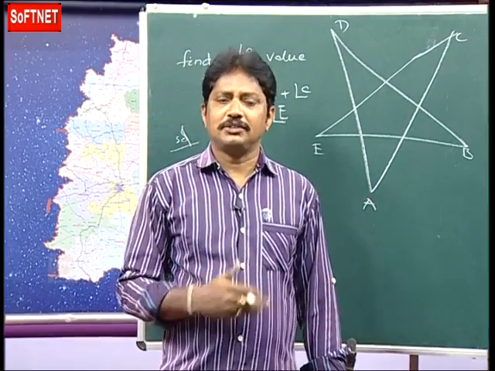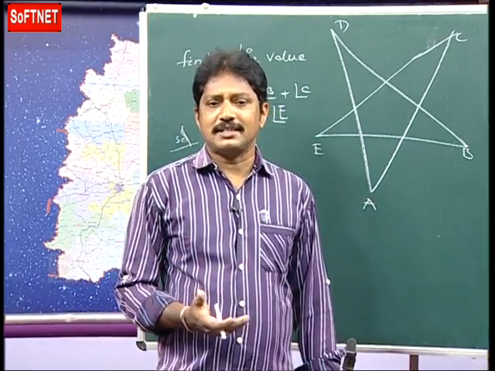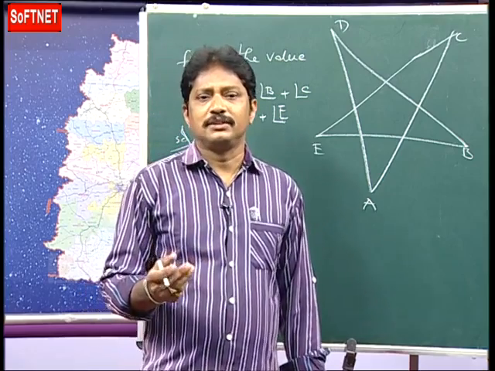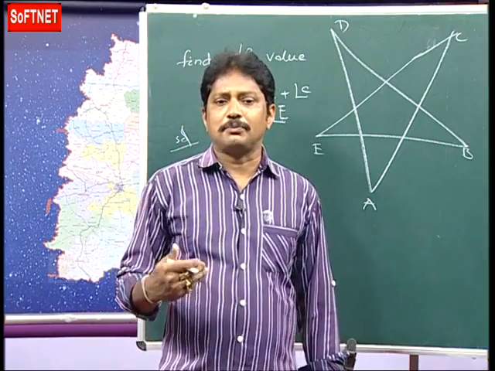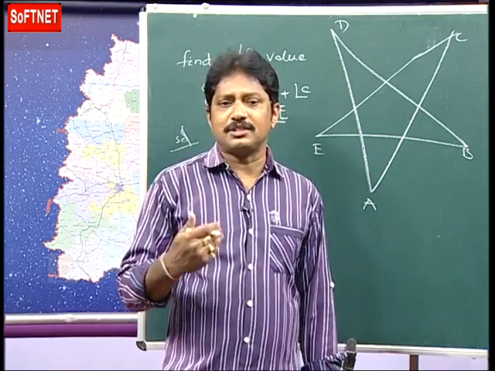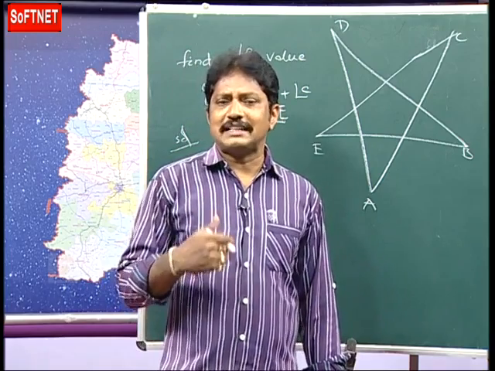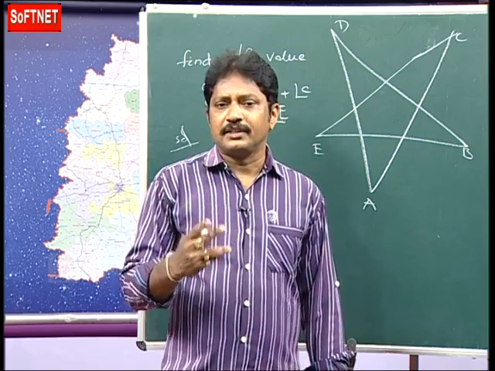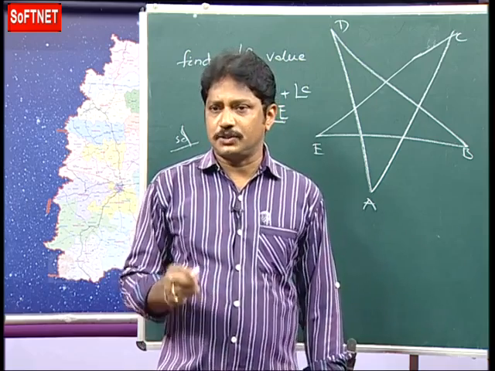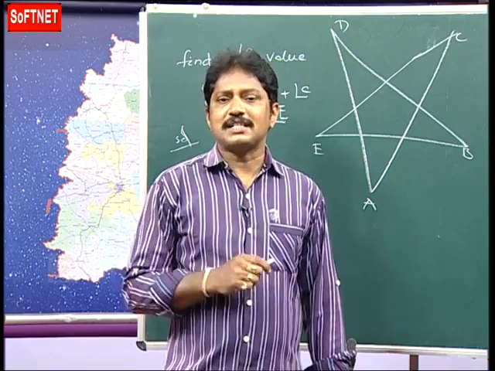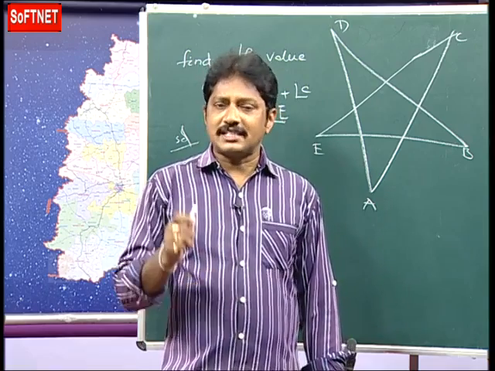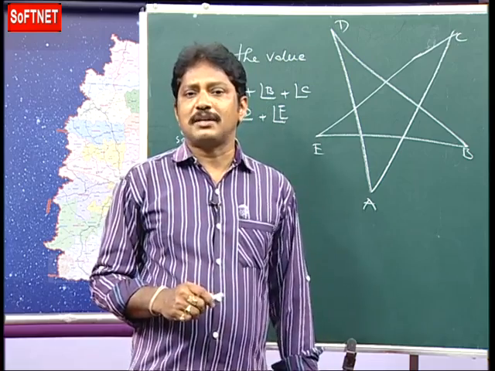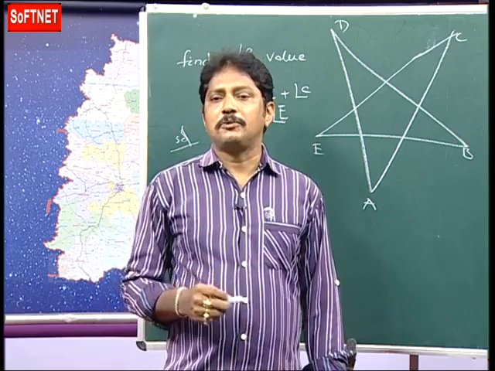The third one, you can say, is the angle bisector theorem, and other theorems also. But among all possible properties of the triangle, I am taking the first 2. We can recall those: the sum of 3 angles of a triangle equals 180, and if one side is produced, the exterior angle formed equals the sum of the interior opposite angles.